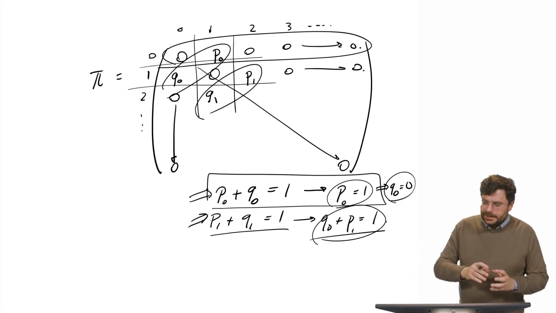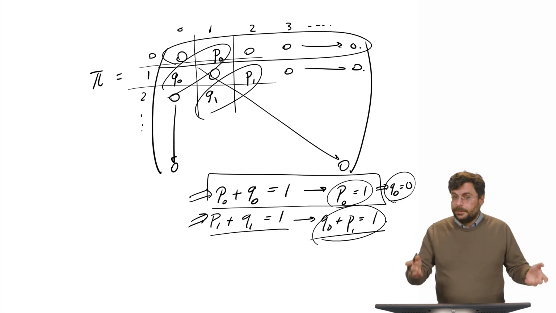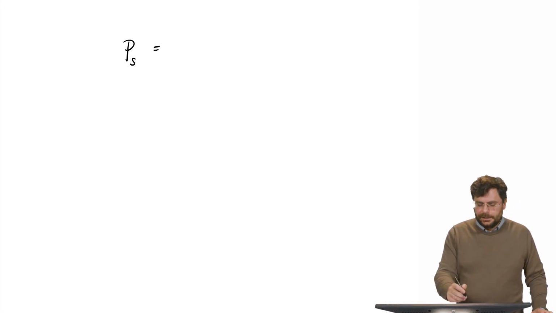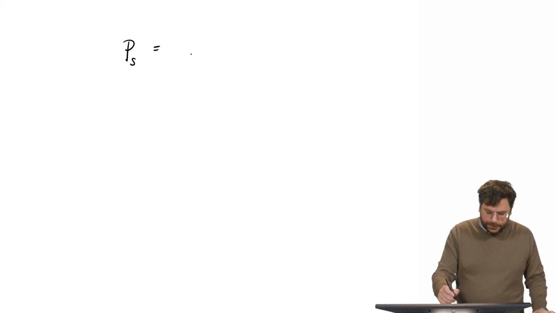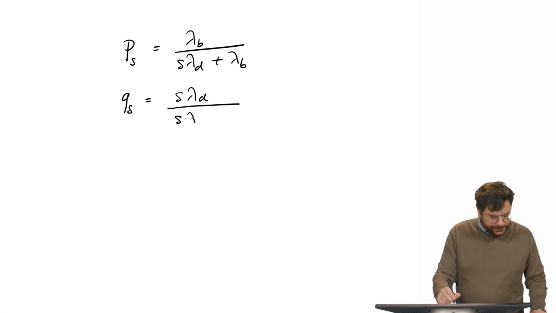But if you believe me that the birth process is occurring in such a way that it is independent of the population, just with some rate lambda b, and that the decay is proportional to the number of members, then we find that PS, the probability when you're in the Sth state of adding a new member, is going to be equal to lambda b divided by S lambda d plus lambda b. And similarly, QS is going to be equal to S lambda d divided by S lambda d plus lambda b.